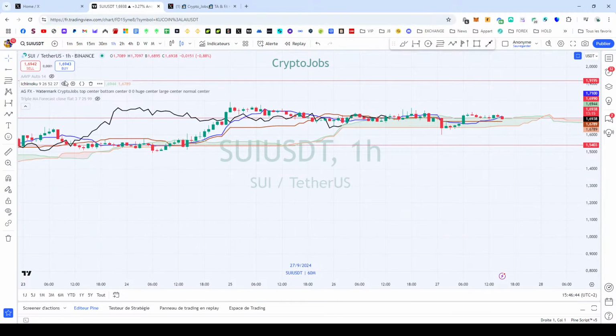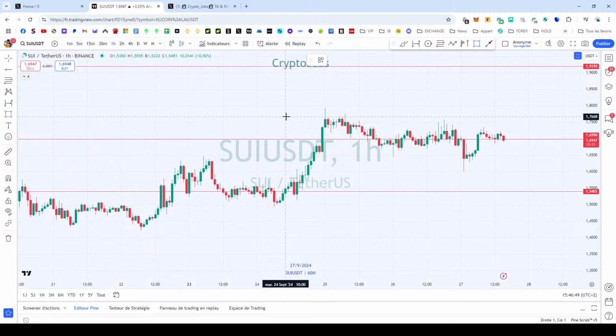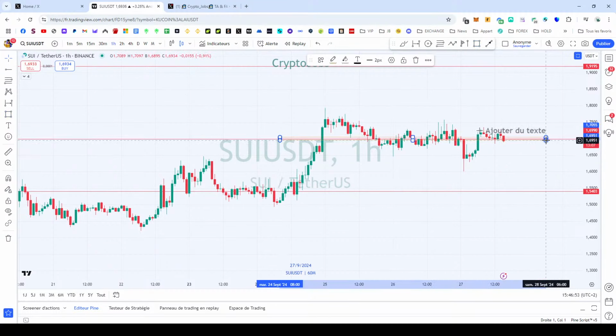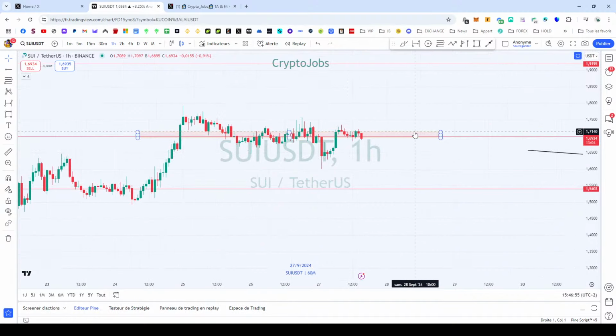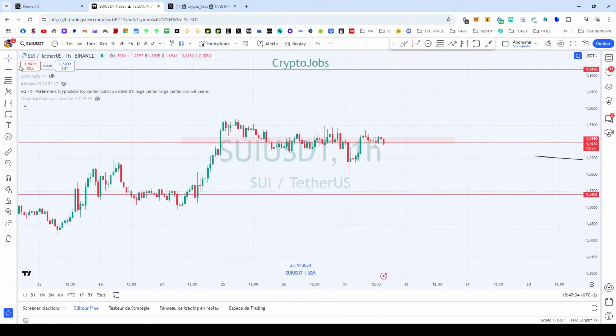But currently the $1.70 keeps acting as a very important level on the weekly. So this is around that zone. Be aware of that level. We need more bullish pressure to move above.